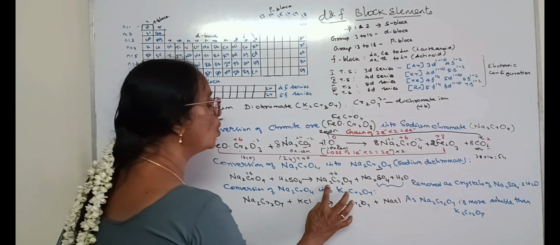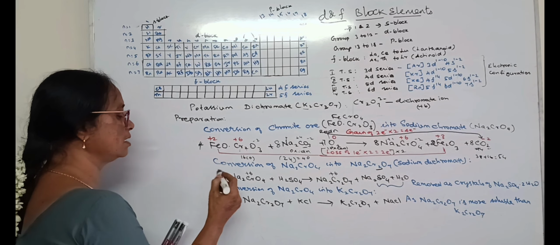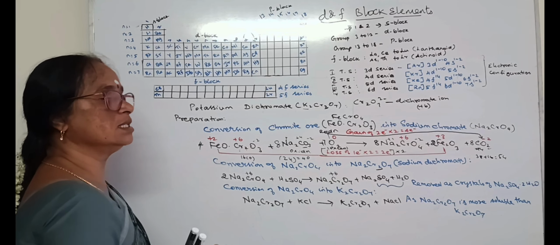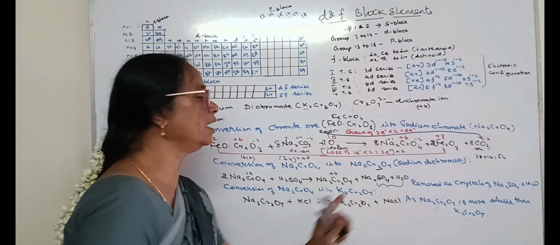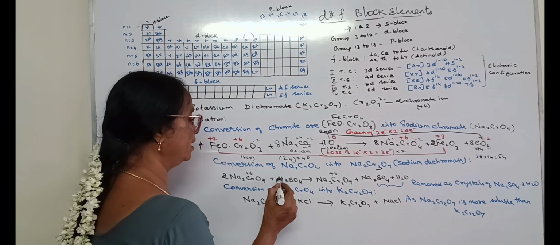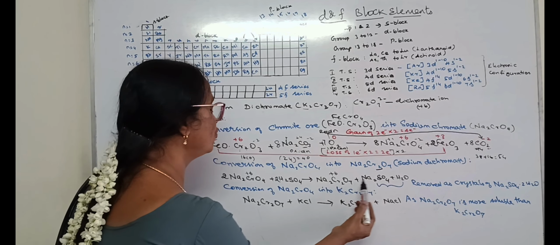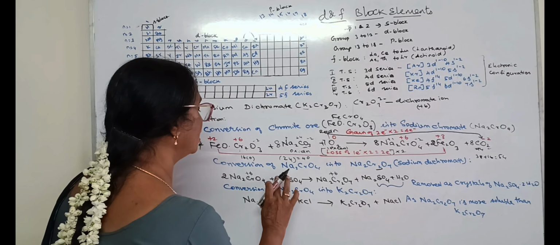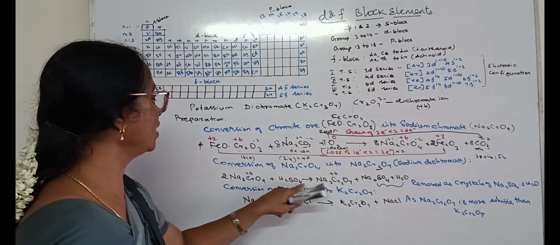So we can count the atoms. Cr is present 2 times, that's why 2 Na2CrO4 gives Na2Cr2O7, Na2SO4. Now we have SO4 and hydrogen, you can make it as 2 H2SO4, because SO4 we have one time in Na2SO4.